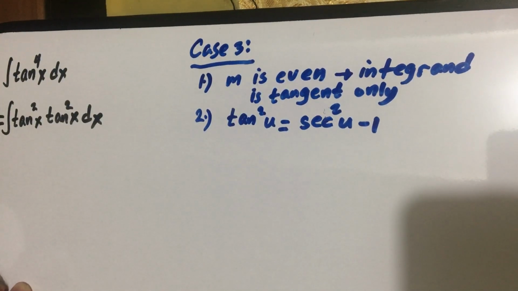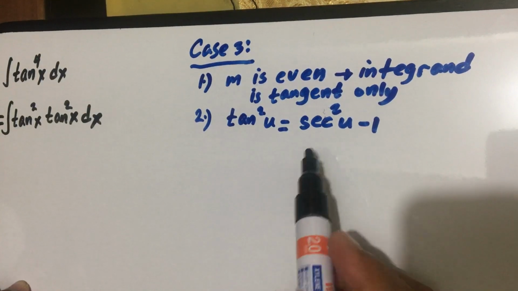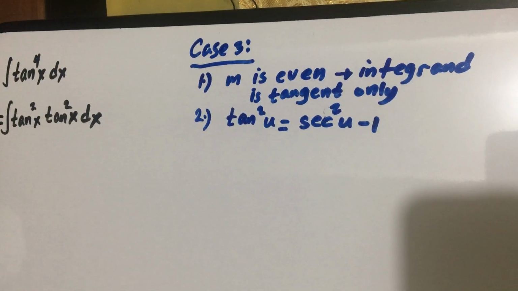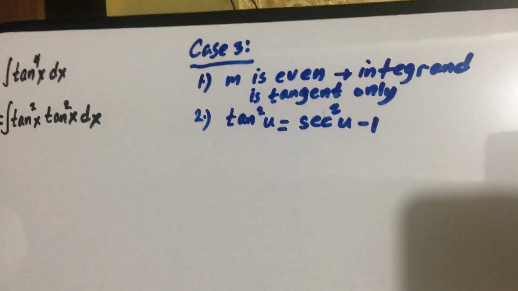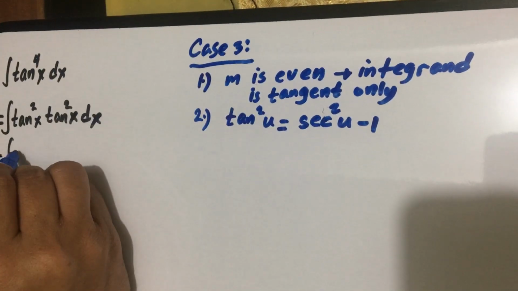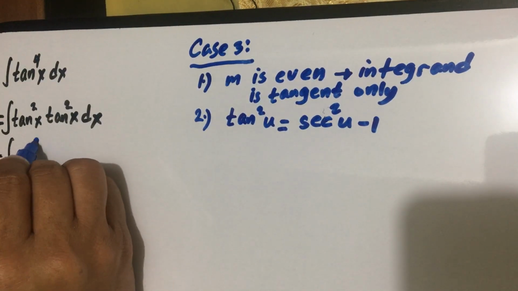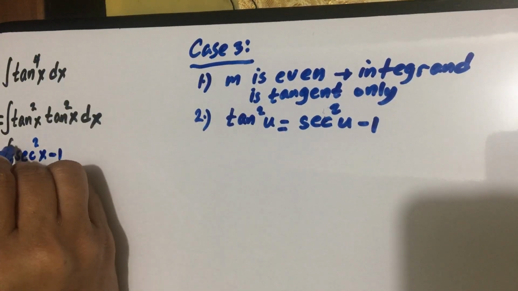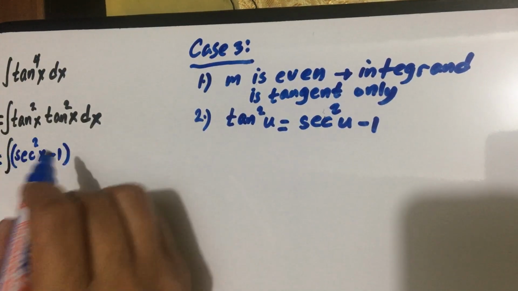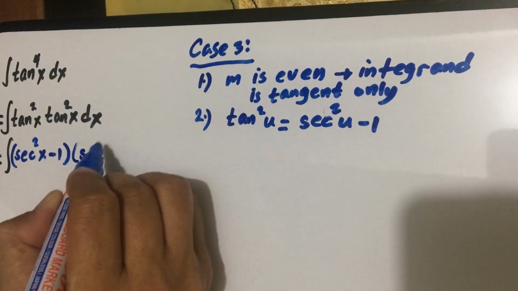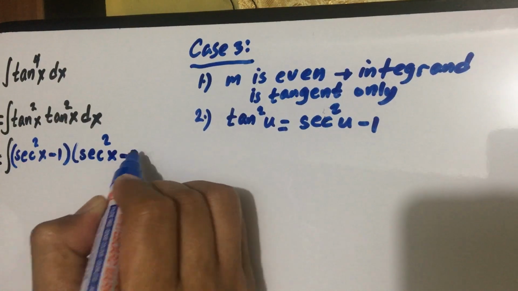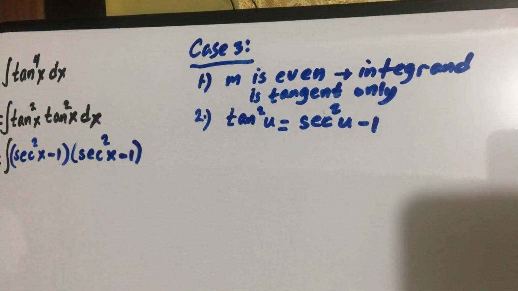Then after that, use this identity. So we can rewrite this integrand in terms of secant squared x minus 1. They're just the same, so you can copy: secant squared x minus 1, and then everything is multiplied by dx.